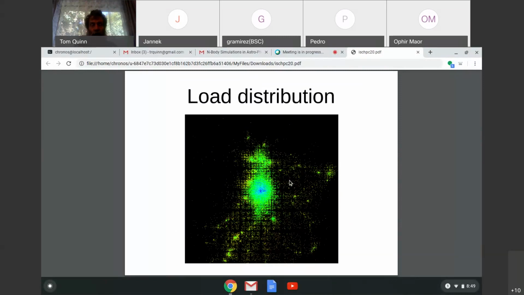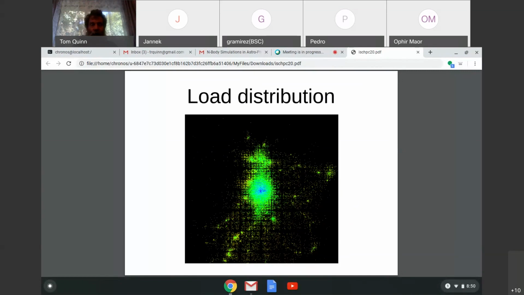And you notice that as well as the particles being concentrated here, it costs more per particle to calculate gravity in the center of the simulation than it does towards the edge. So there's this huge load imbalance.